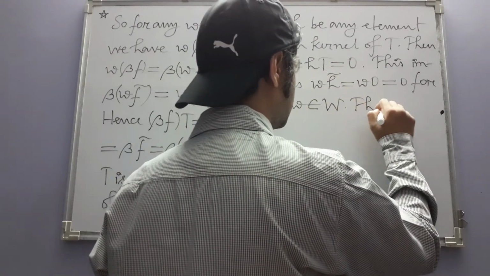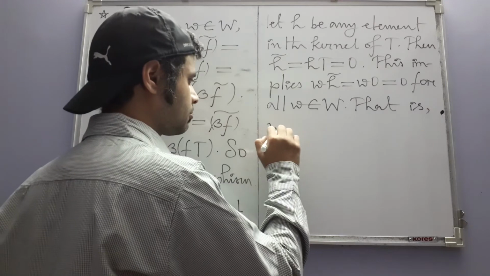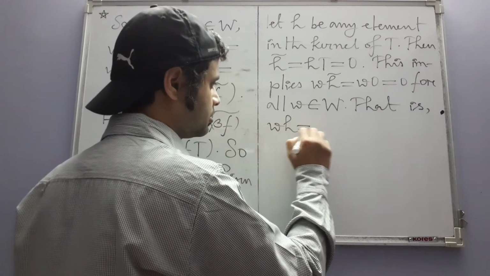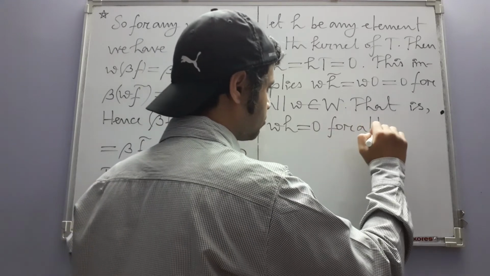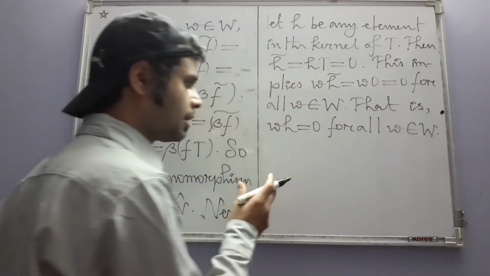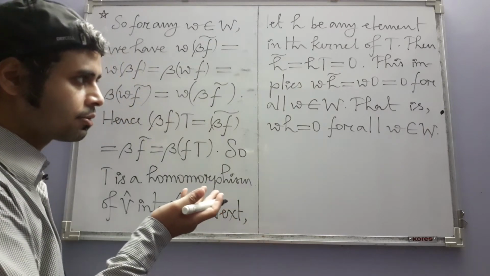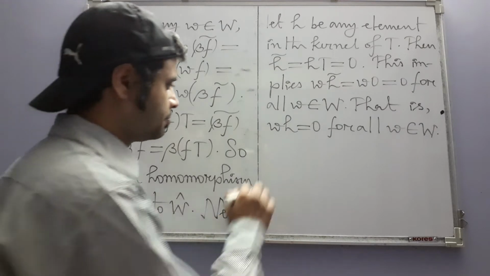That is, wh is equal to 0 for all w belonging to W. But now recall that this is precisely the condition for h to be in the annihilator of W.